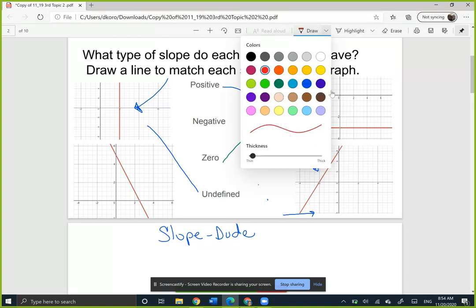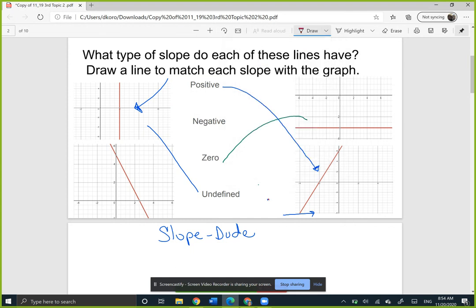And then to have fun on the hill, when we're skiing down the hill, Slope Dude says nice, negative. So from left to right, notice that our slope is going down. So we're skiing down the hill here. I'm on this side of the hill, and I'm skiing down. So this is a nice negative.